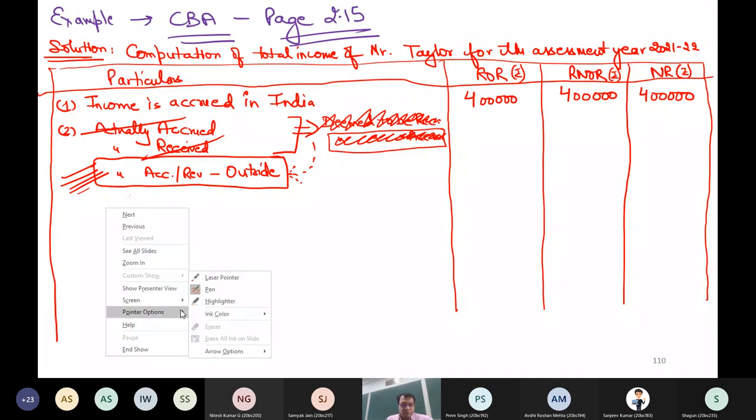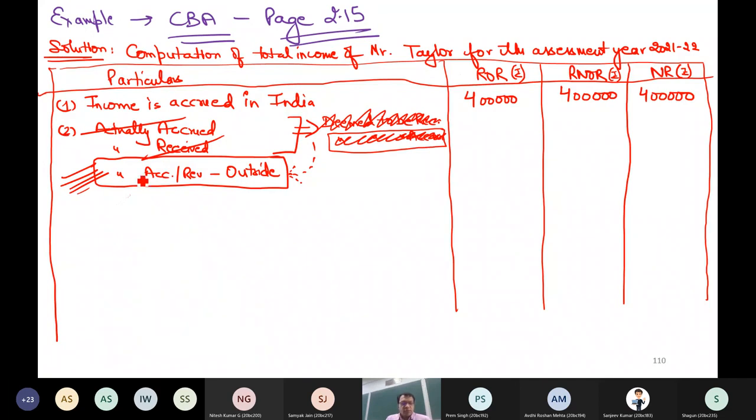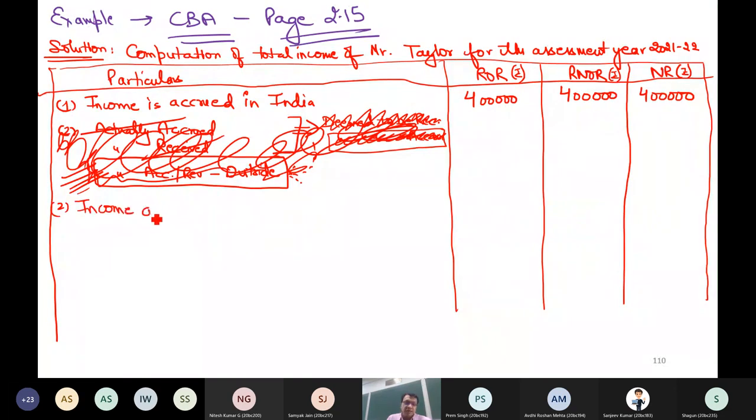So what are those provisions? Let me show you those provisions. Okay, so I'm cutting this thing and now I'm saying that the income is received as well as accrued outside India confidently. This is what I will write now.